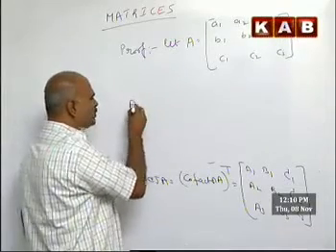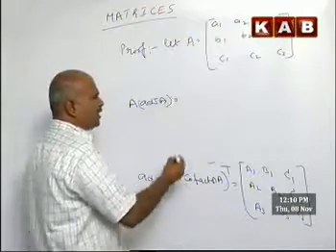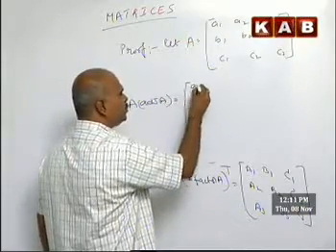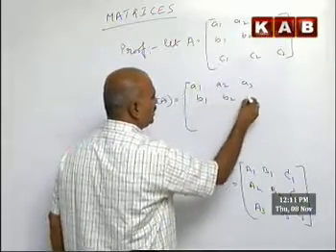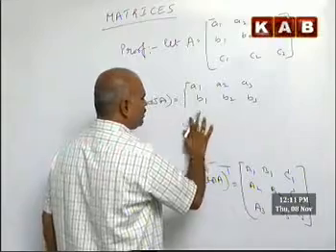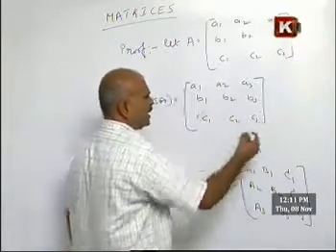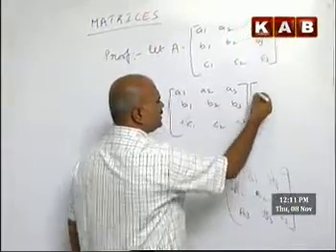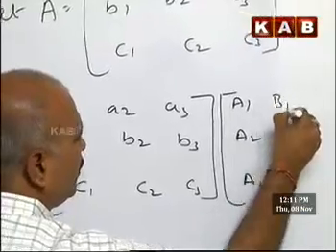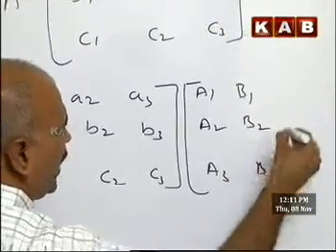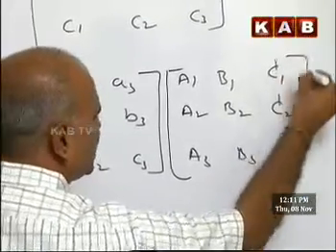Here A is A1, A2, A3, B1, B2, B3, again small c1, c2, c3. Already you know that adjoint A is A1, A2, A3, B1, B2, B3, again C1, C2, C3.